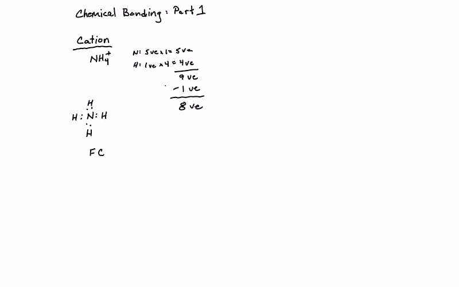Okay, so formal charge is equal to the number of valence electrons on that particular atom, minus the number of non-bonding electrons, so lone pairs of electrons, minus the number of bonding electrons divided by 2.